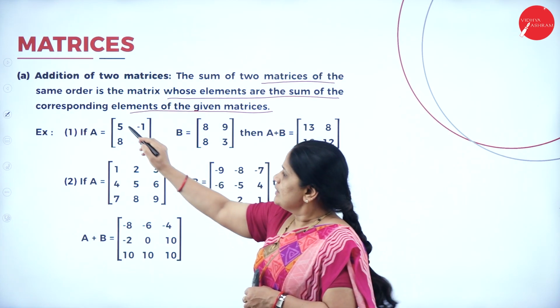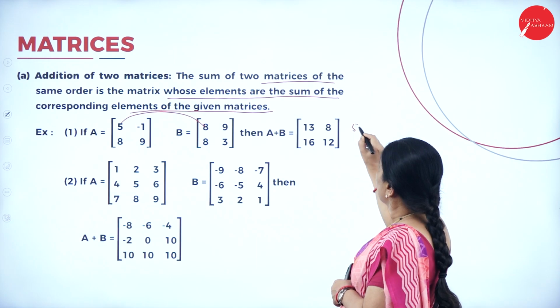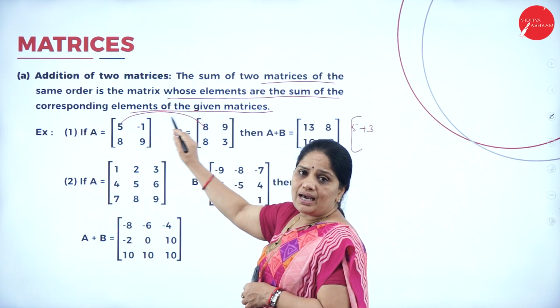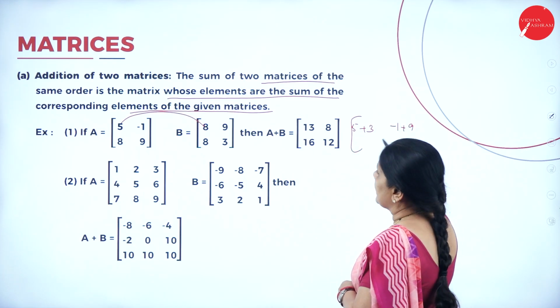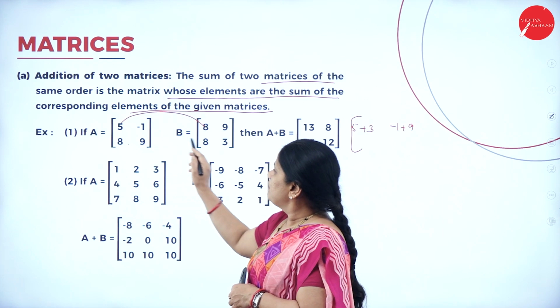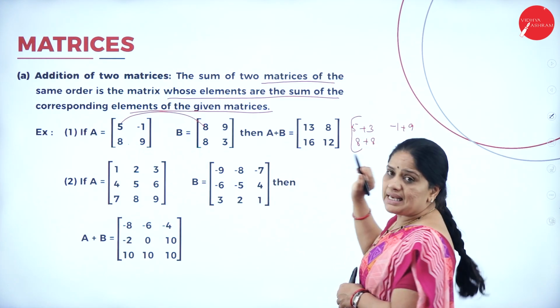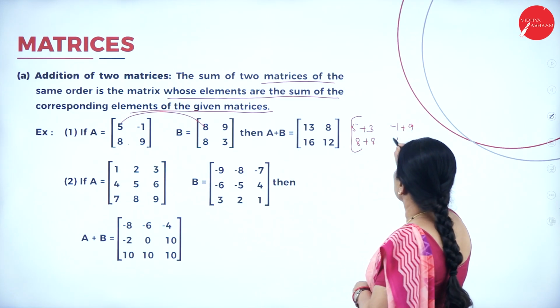Then A plus B will be, so we have to add 5 plus 8, minus 1 plus 9, 8 plus 8, then 9 plus 3.